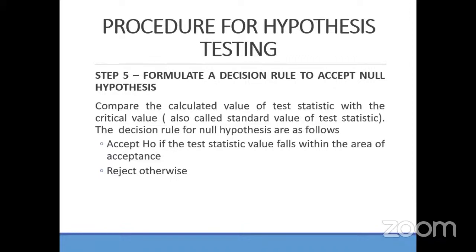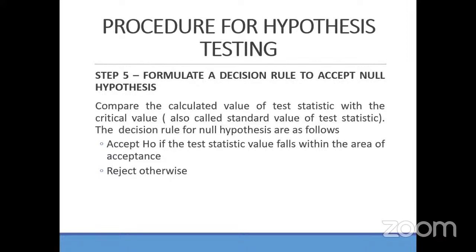The thumb rule says, please note, that if your calculated value is less than the tabulated value, we do not reject the null hypothesis. We do not reject. I'm not saying acceptance. I'll tell you why.